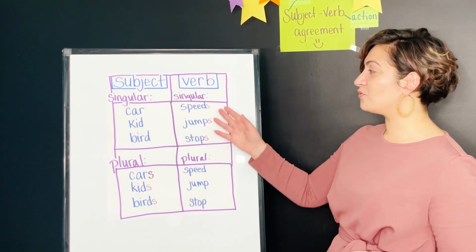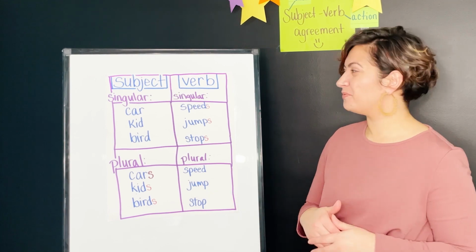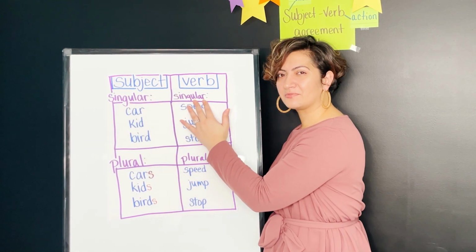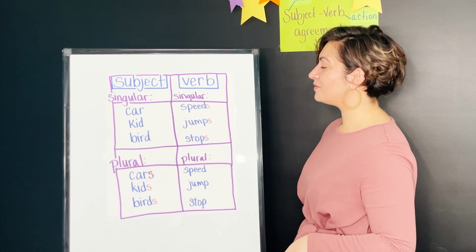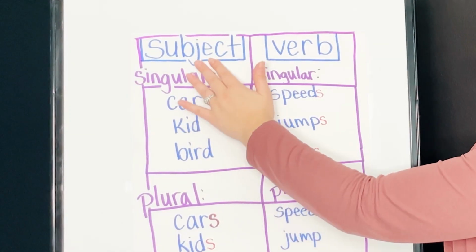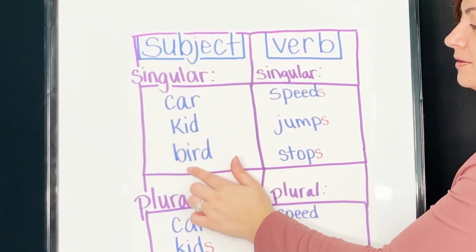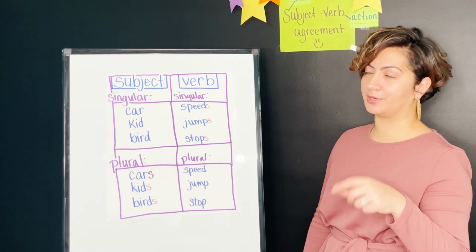Nice. I have a quick chart that we can go over just to familiarize ourselves with what it means to have a singular subject and a singular verb, and the same thing for plural. So let's look real quick. So we have some singular subjects here. Remember, these are nouns. Car, kid, bird. They all just mean one car, one kid, one bird.